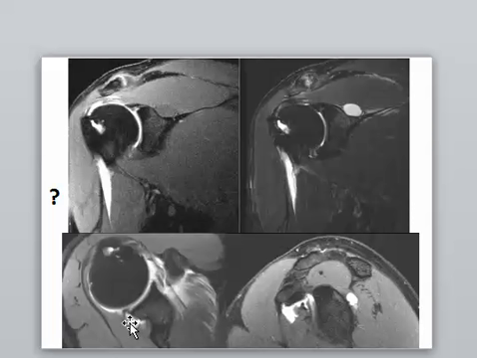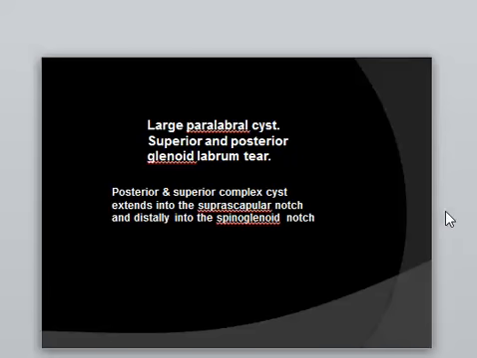So there is a torn posterior labrum, and a torn superior labrum, and the large cyst which is extending suprascapular and infraglenoid and around the joint. This is a superior and posterior glenoid labral tear with a large paralabral cyst.